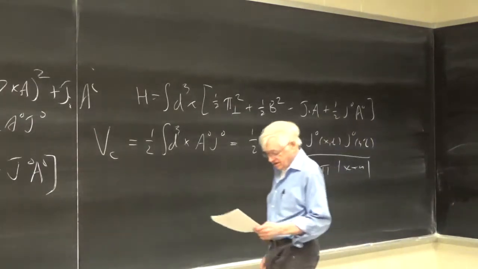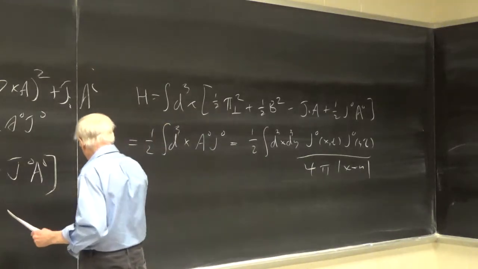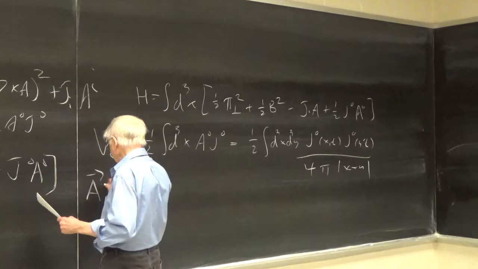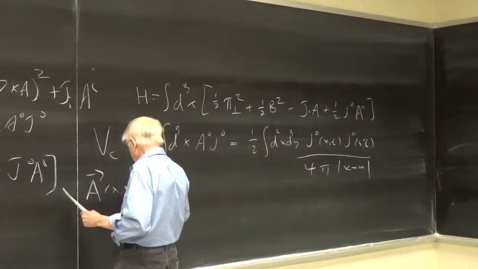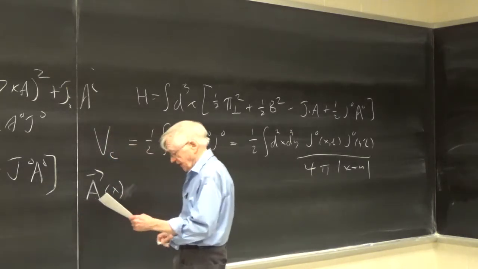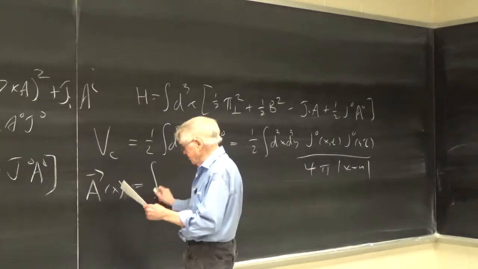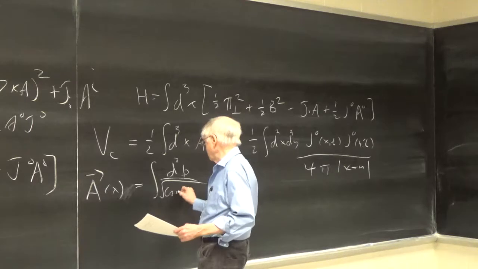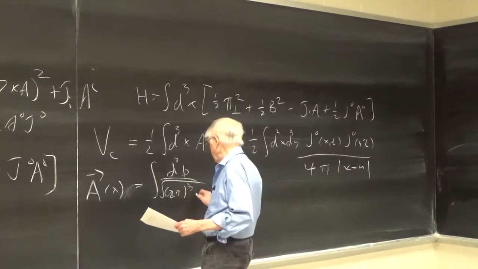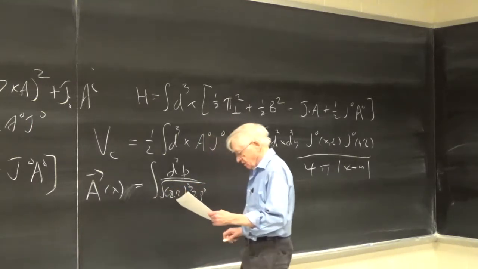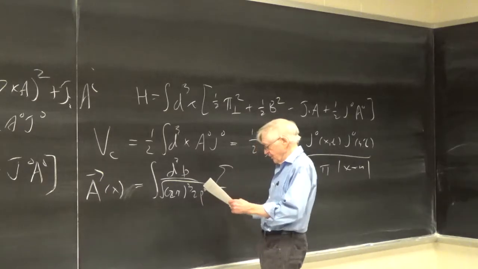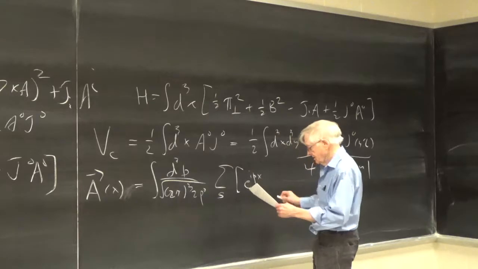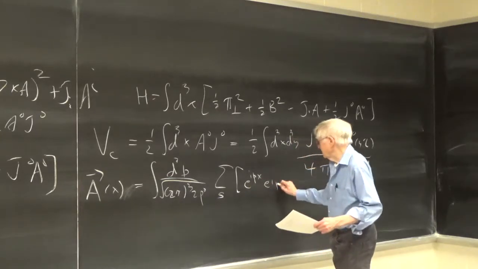So the transverse electromagnetic field, here I'm going to use 4-vector notation for x now, is an integral d cubed p over square root of (2 pi) cubed 2p0, sum over the two polarizations, of e to the i p x, e of p and s.